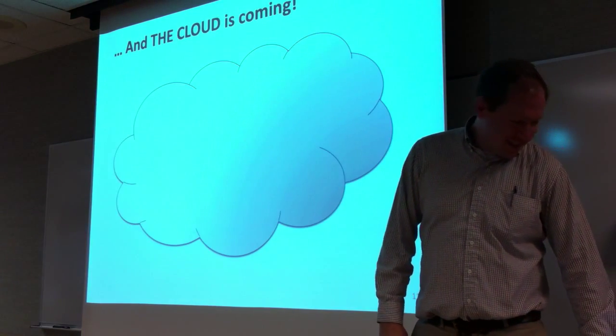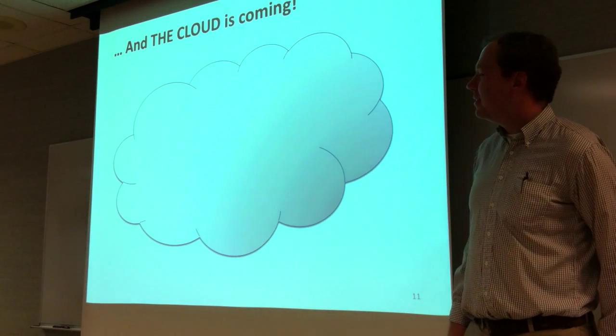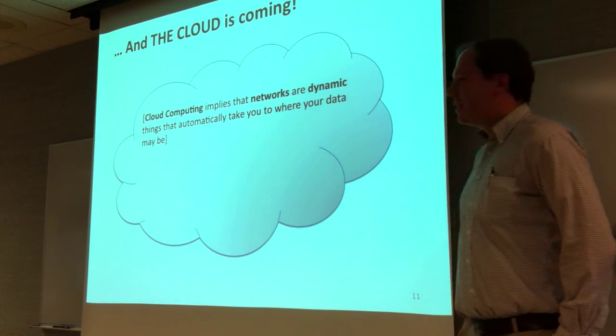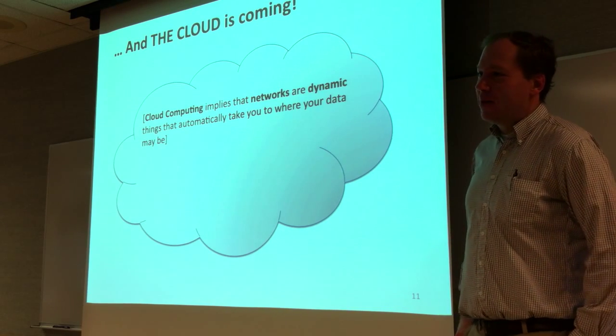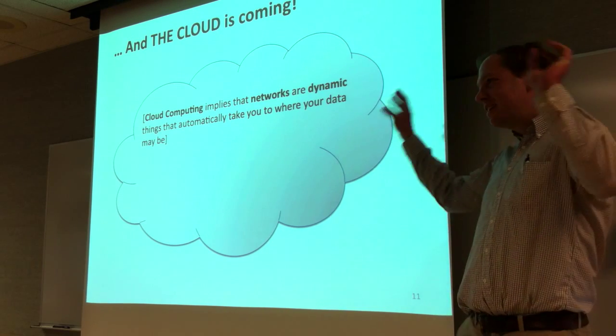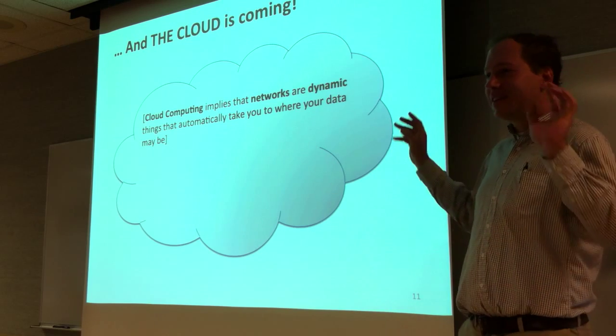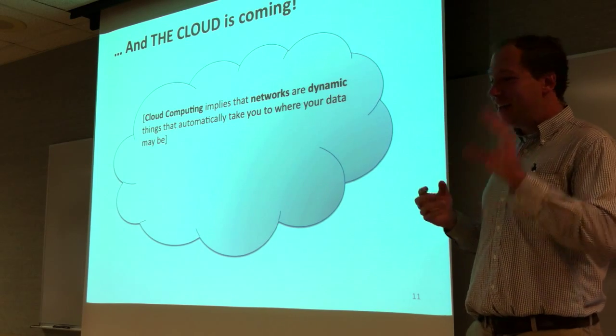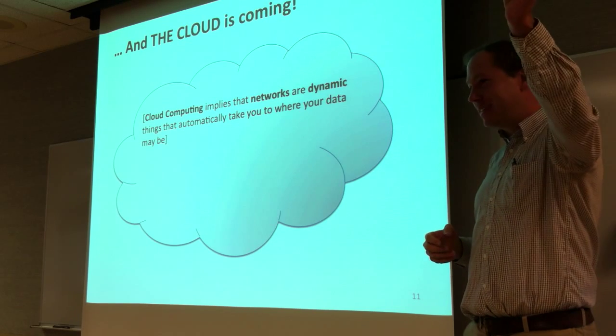So cloud computing is coming. What does that mean? It means that networks need to be dynamic things that automatically take you wherever your data is. Oh, your data's in the cloud. Nonsense. I know that a cloud at the end has to get that packet to a destination.